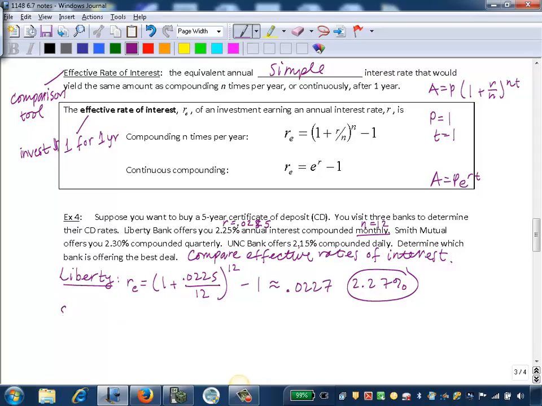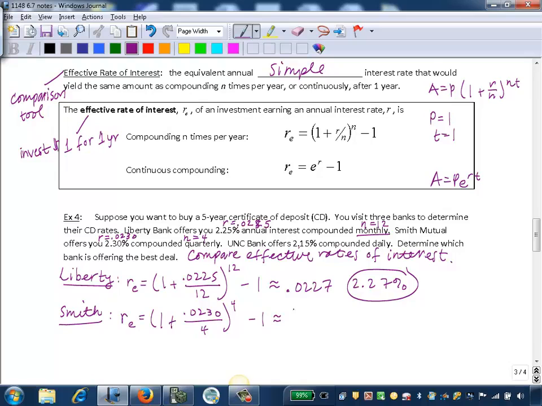Now let's compare it to the Smith Mutual. Let's find its effective rate of interest. With the Smith, we've got our rate here, 0.0230, compounded quarterly, so our N is 4. So we'll fill in 1 plus 0.0230 over 4 to the 4th power minus 1.